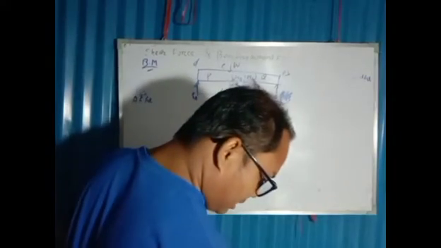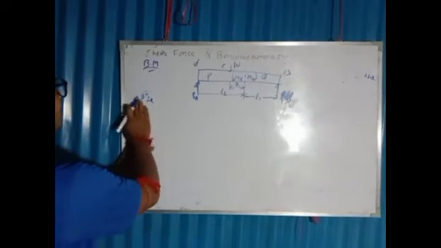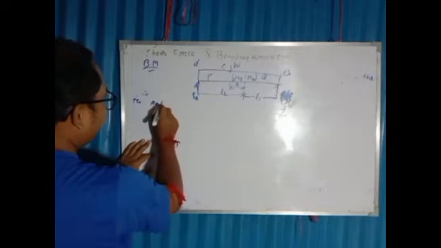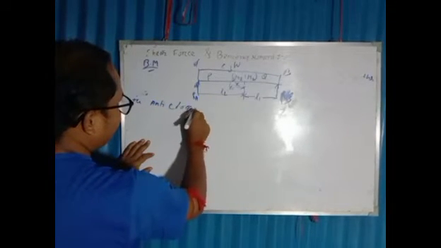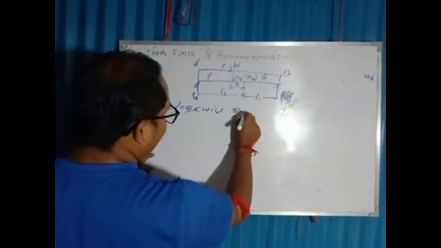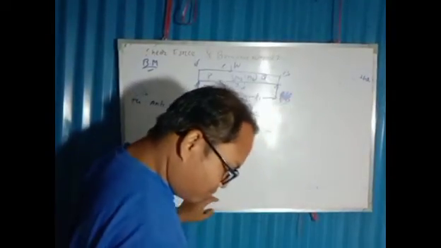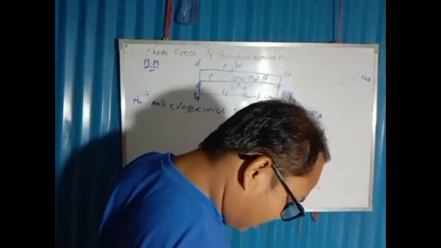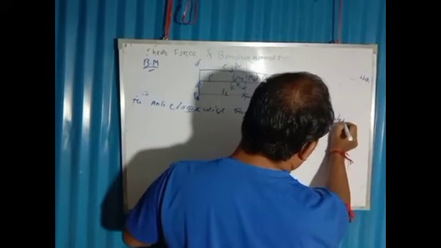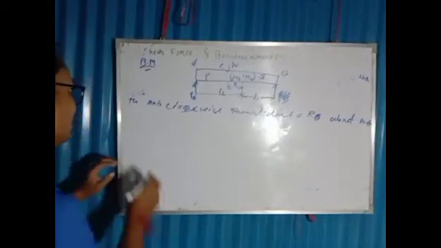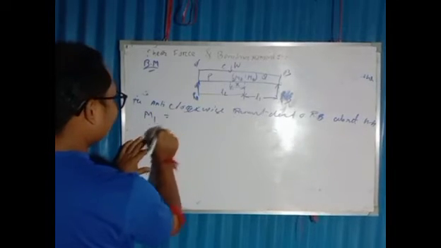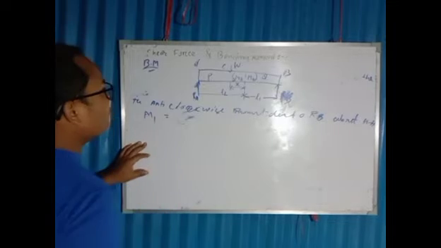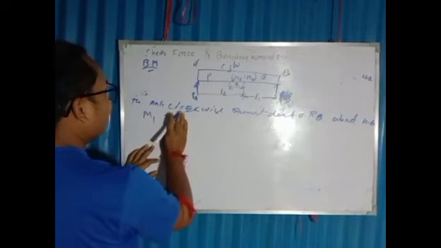The anti-clockwise moment due to RB about the x-axis, let's take M1 equal to RB times the distance. We know the moment is the distance into the perpendicular force.